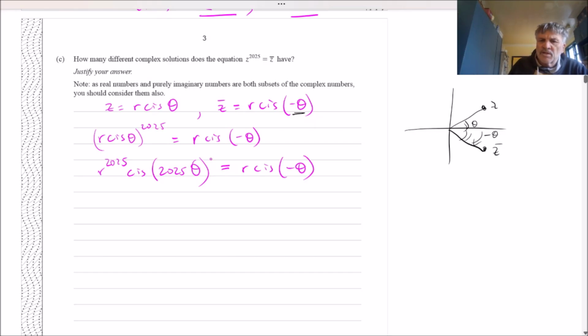Two complex numbers are the same only if their moduli are the same and their arguments are the same.